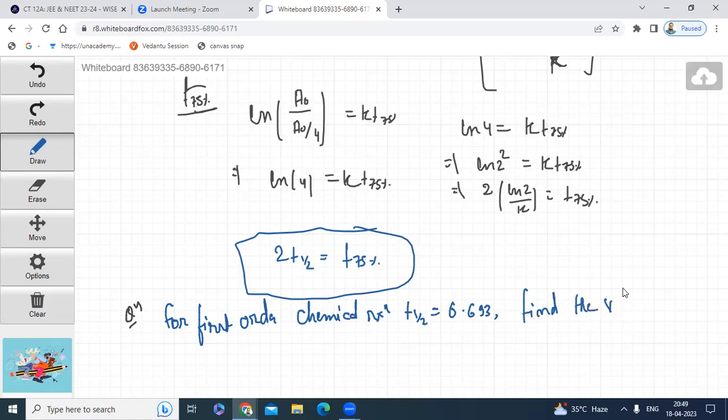Find the value of the time for 75% completion of the reaction. Write it down.